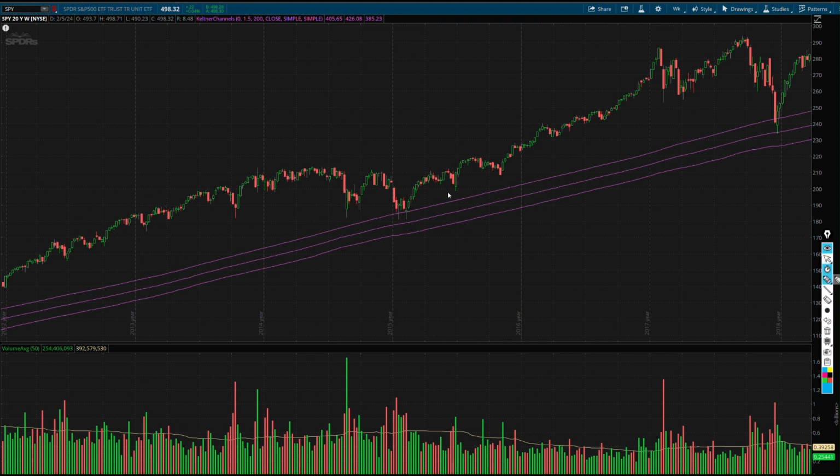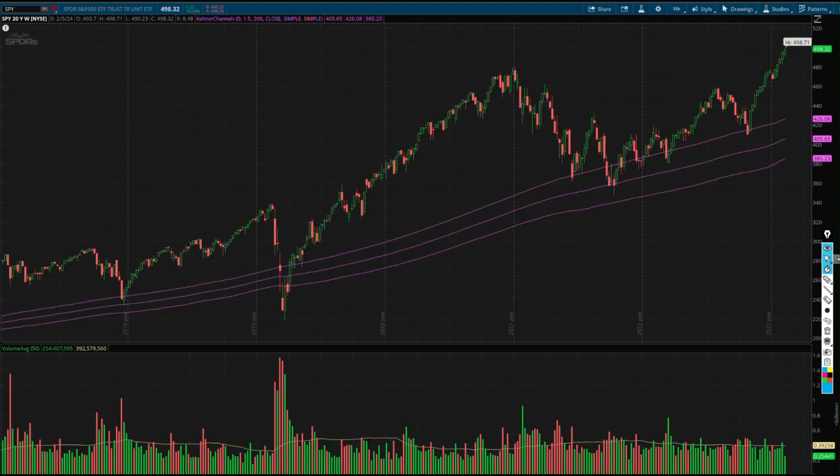In 2005, we have a similar pattern, touching this channel and reversing. In 2018, we had the same exact pattern, touching this channel and reversing. If you look at the last 3-4, in 2019, we came to this channel and reversed.